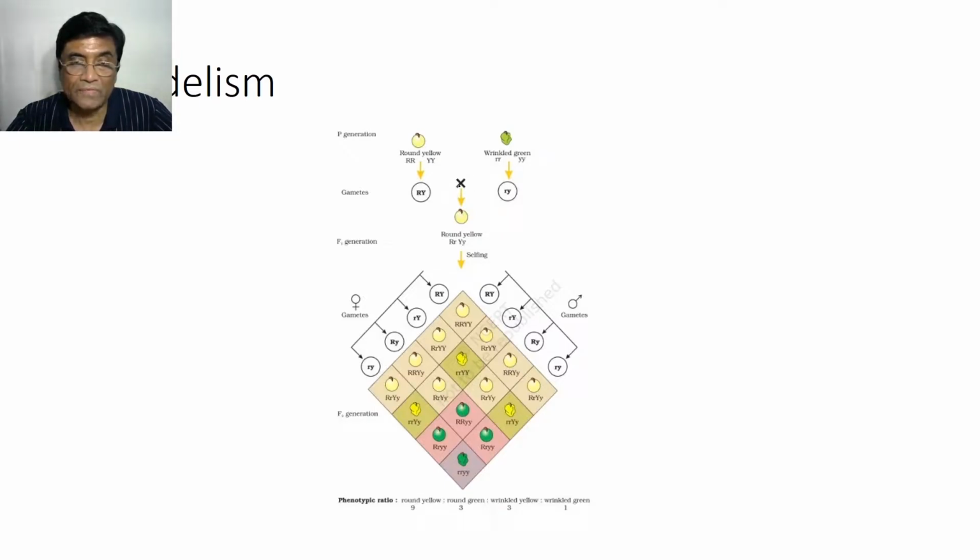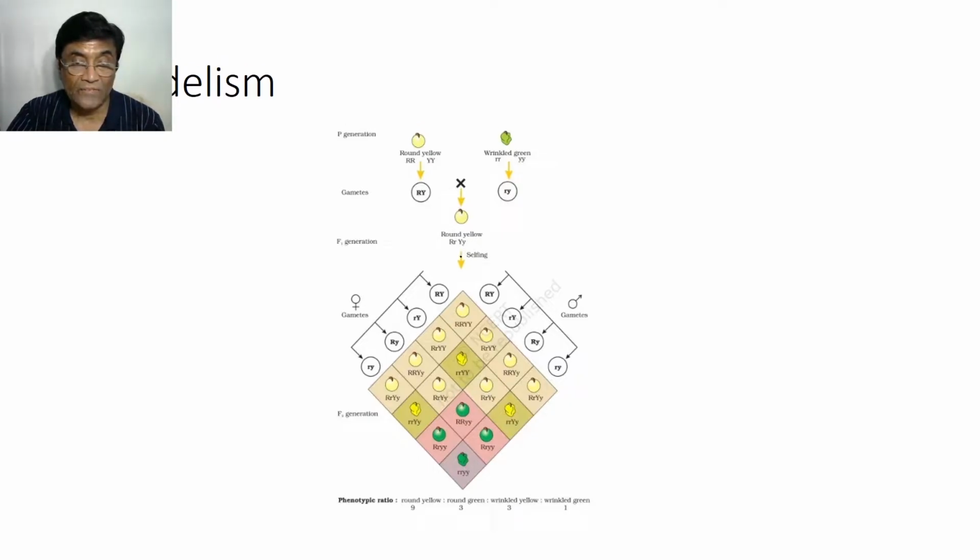Now, if cross pollination takes place, then what is going to happen? Capital R, small r, capital Y, small y. So round yellow will happen because capital characters are dominant characters, the way he performed the experiment, right? So in the first generation, all will be round seed and yellow. However, you see their heterogeneous characters are there, right?